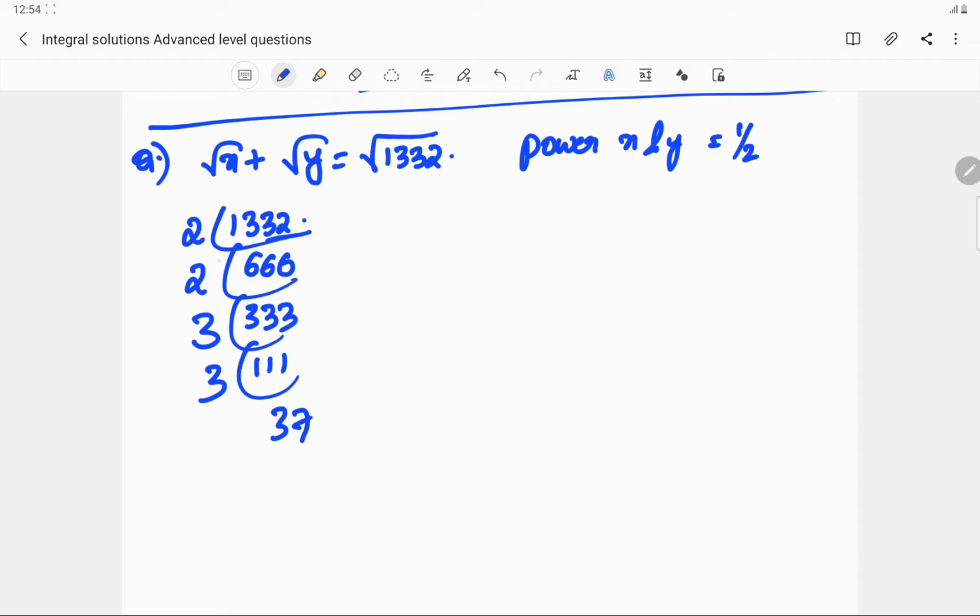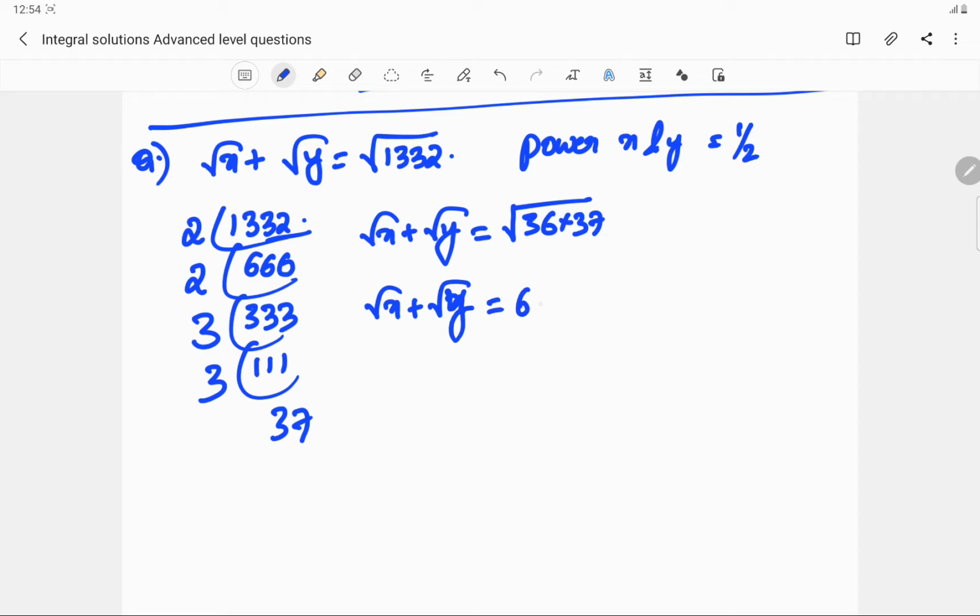So we have 9 into 4, that is 36, into 37. So square root of 1332 is nothing but square root of 36 into 37. So this can be: square root of x plus square root of y is equal to 6 times square root of 37.